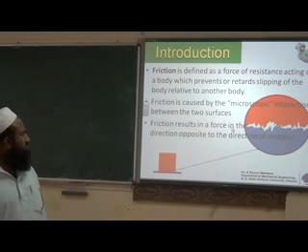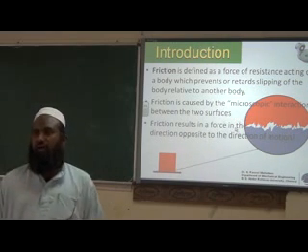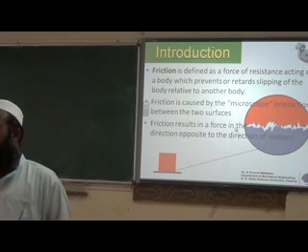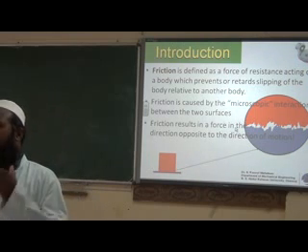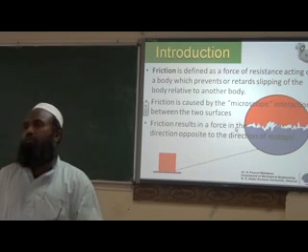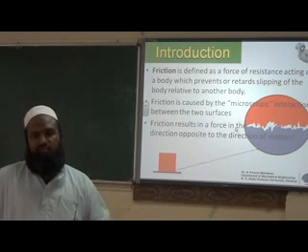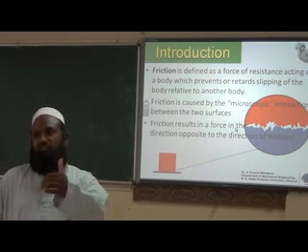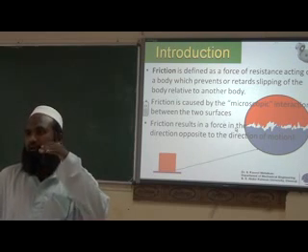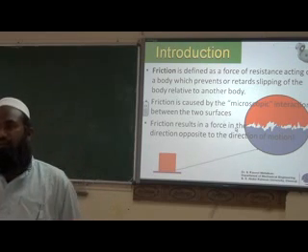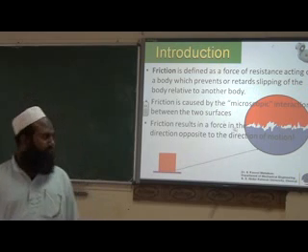So friction results in a force in the direction opposite to the motion. So the frictional force will always act in the direction opposite to motion. Because friction is a resistance to motion, it will resist the motion. So motion will occur in one direction, which means the friction will occur in the opposite direction.